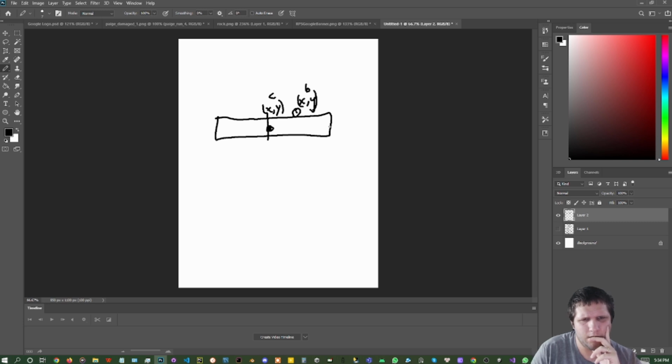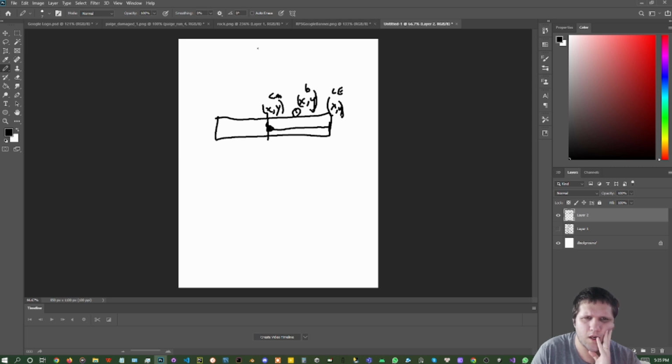We want to determine where the ball is between, so this is the C middle, and we also want the x and the y of the C edge.